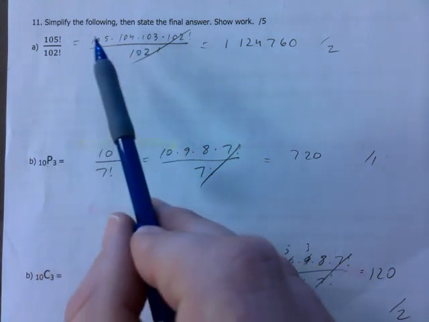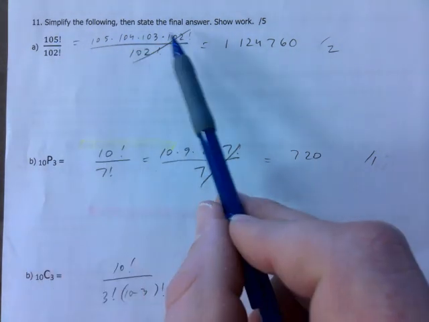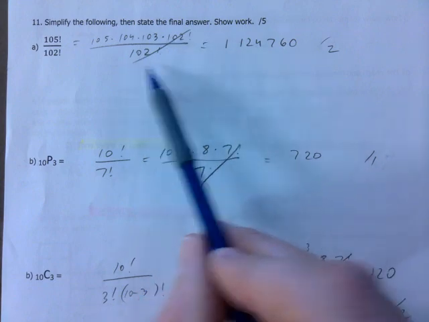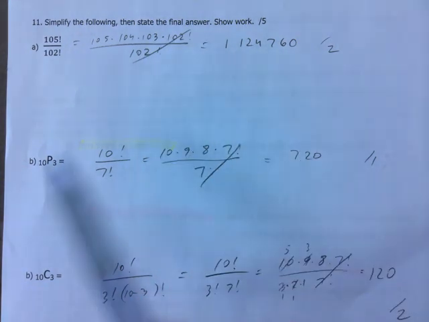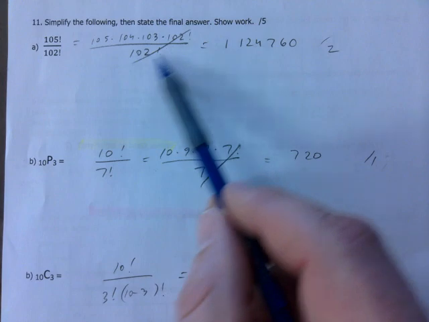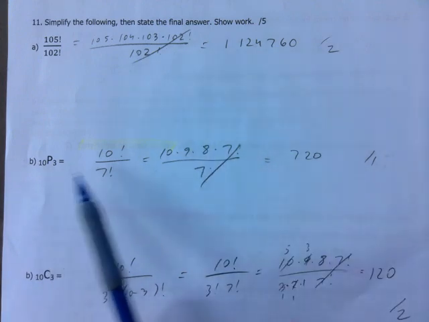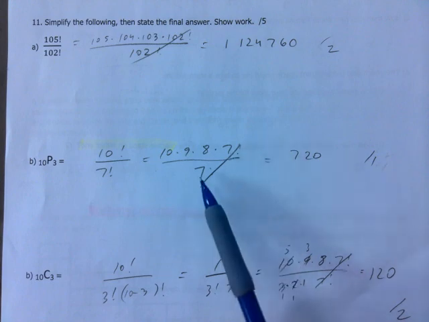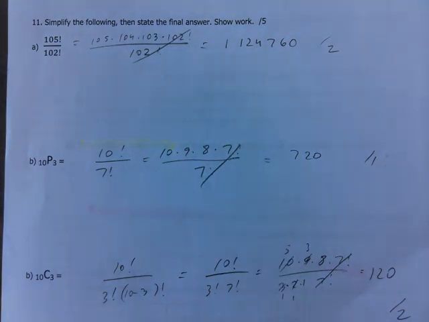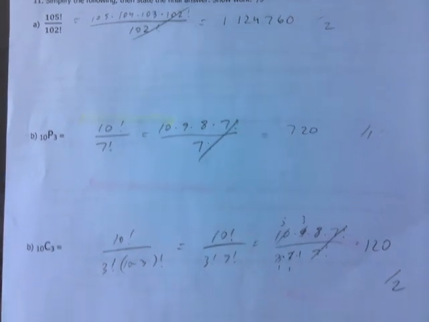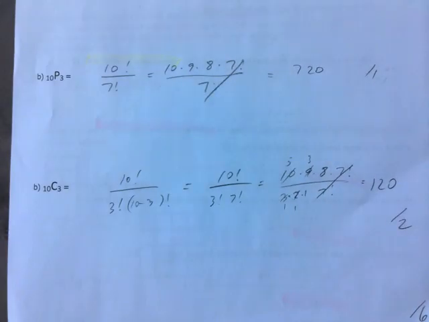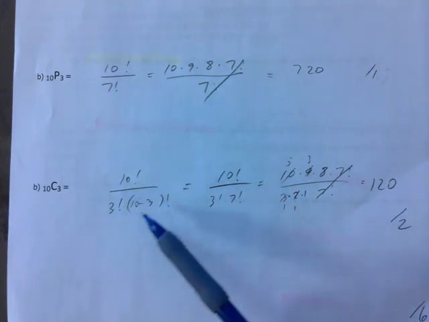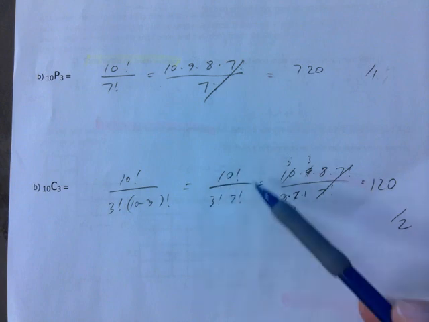So here, you just break down the top to get to 102, cancel out, you get that. There was nothing else really to do here except for this part. And then 10 pick 3, you use the formula to set it up. You break down the top, you cancel the 7 factorials, you get 720. And then the last one, use your combination, you end up with this.